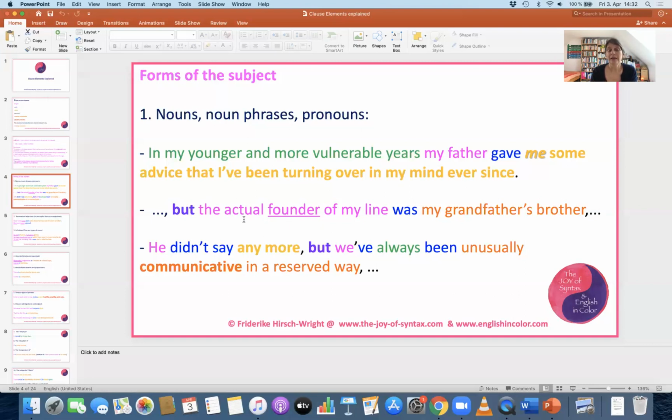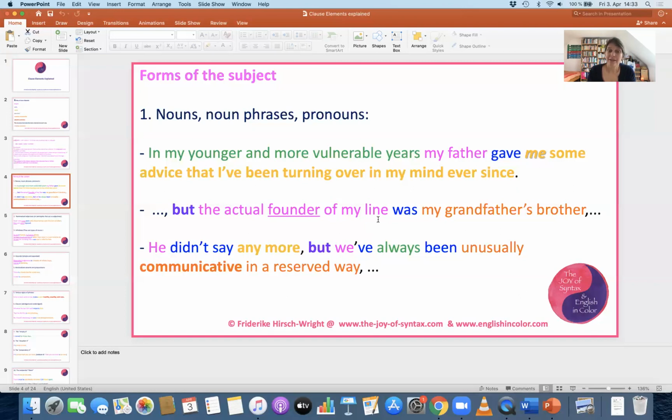Then we have the adjective as pre-modifier, actual. And then the article, the, which is a special kind of limiting adjective according to traditional grammar. And then we have the prepositional phrase of my line as a post-modifier. Pre-modifier means that it's a word modifying an element, and it appears in front of the element, and a post-modifier appears behind it. Very simple.